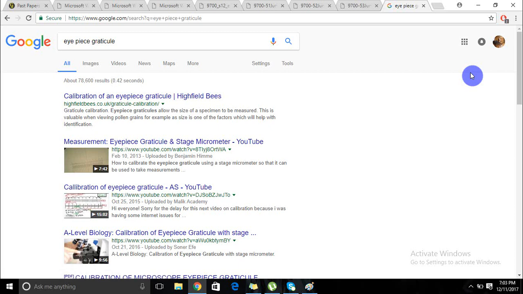And another thing is the stage micrometer, which is on the stage. The eyepiece graticule, on the other hand, is on the eyepiece, and you use these for calibration of the eyepiece graticule, and then you use them to measure the length.